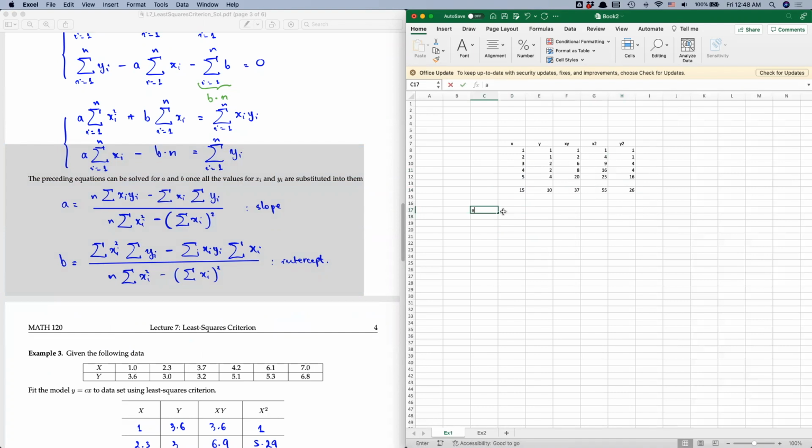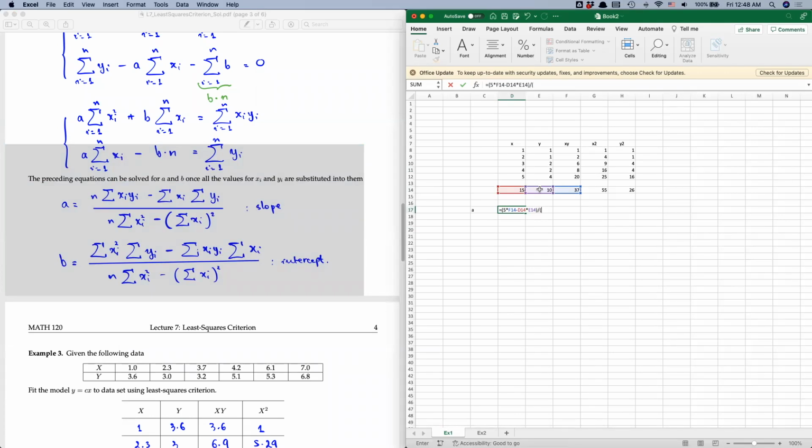Now here, I'm going to calculate a. So a, which is the slope, is equal to, now let's type in the numerator. N now is 5, so you have 5 data points times the summation of xy minus the sum of x times the sum of y. That's the numerator.